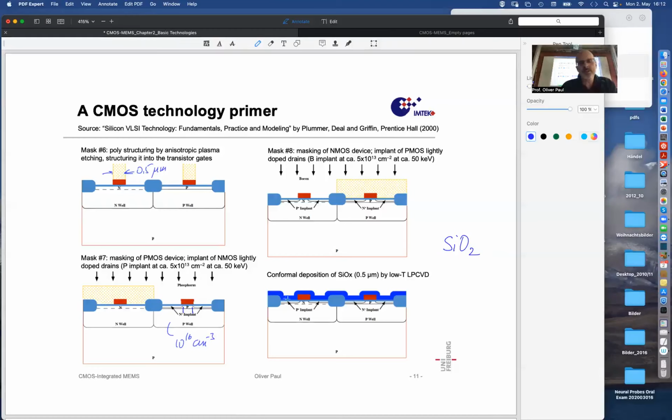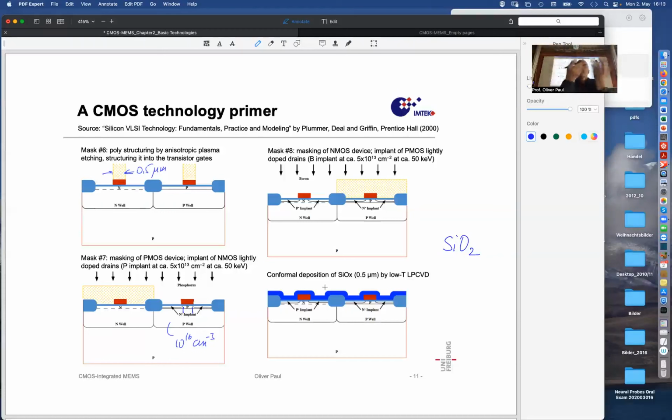But this is a deposition process that occurs by some silicon-rich compound, silane or dichlorosilane or so, and then some oxygen-rich compound, maybe just O2, and they combine to form this layer that grows on the surface slowly.